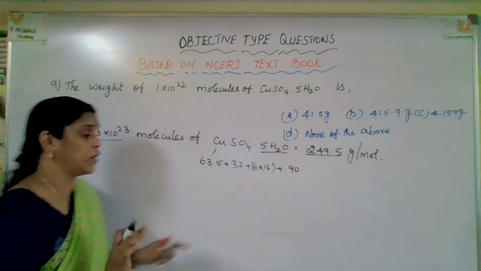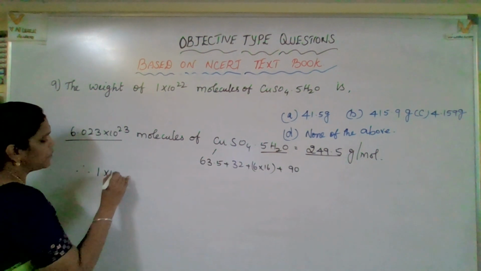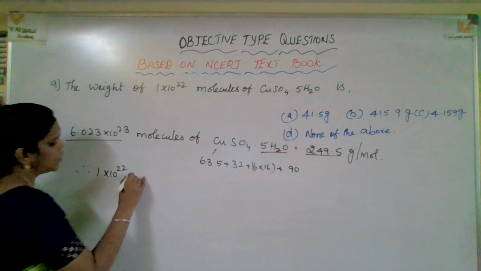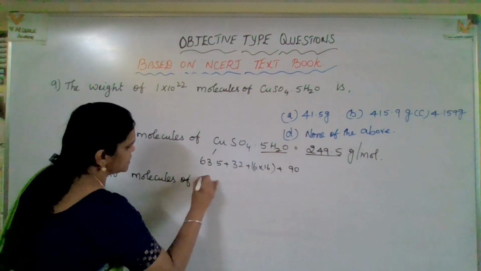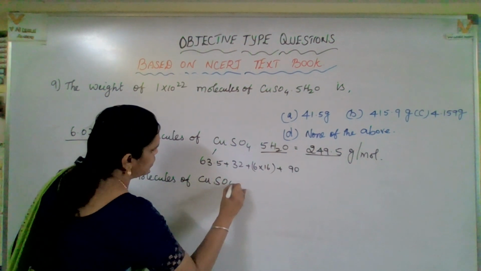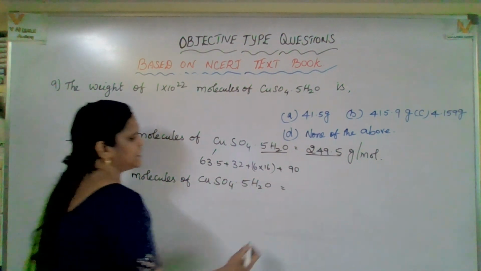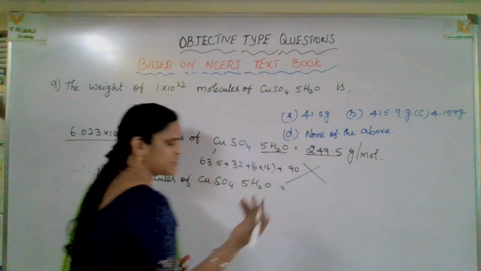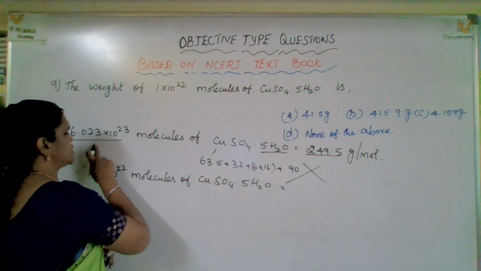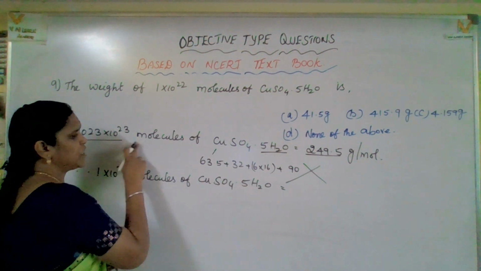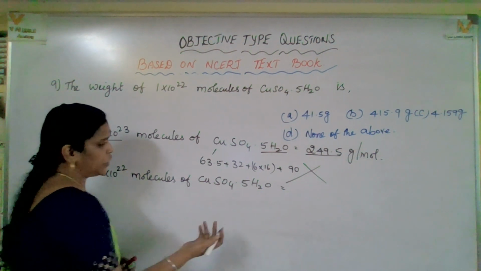So 6.023 into 10 to the power of 23 molecules of copper sulfate 5H2O has this much molecular weight. Therefore, 1 into 10 to the power of 22 molecules of copper sulfate CuSO4 5H2O, how much will it be? Just cross multiplication idea. That's all, easy one. This has that much. 6.023 into 10 to the power of 23 molecules has this much. So therefore 1 into 10 to the power of 22.